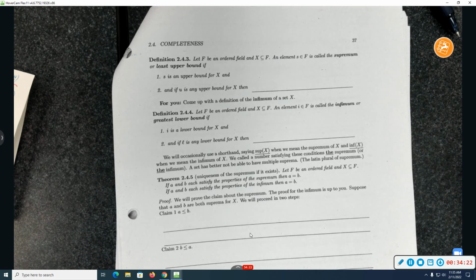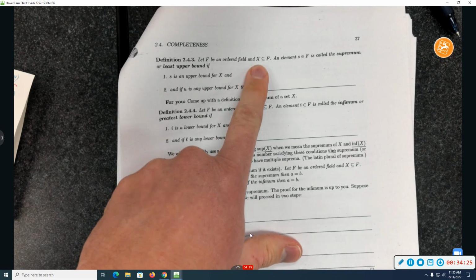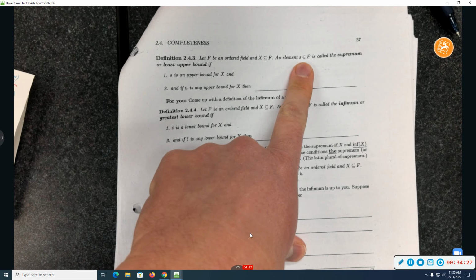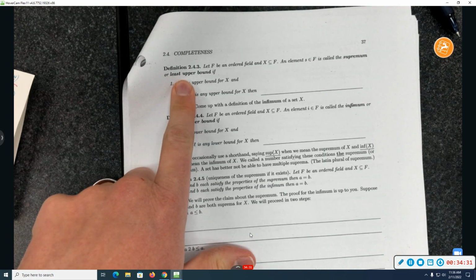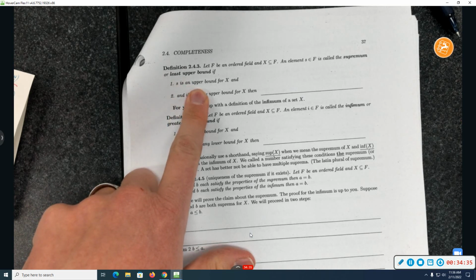Definition. Let F be an ordered field, X be a subset of F. An element S of F is called the supremum, or least upper bound, if one, S is an upper bound, and, well, the word least upper bound is suggestive.